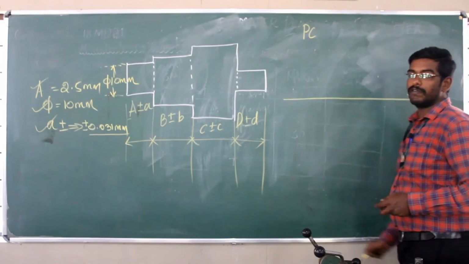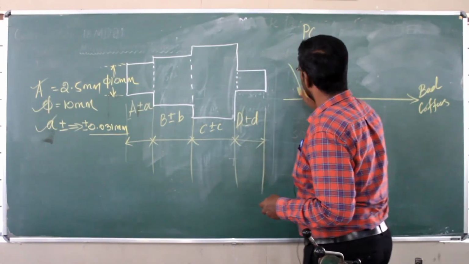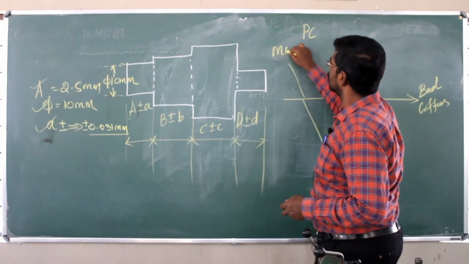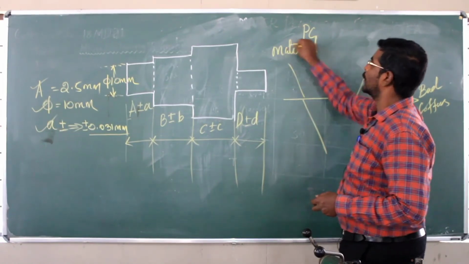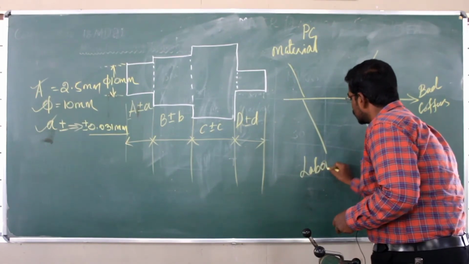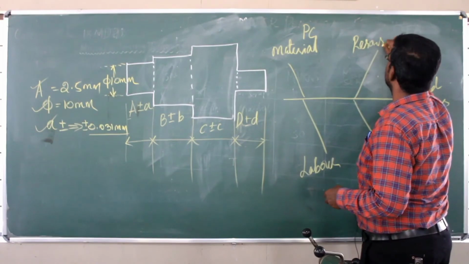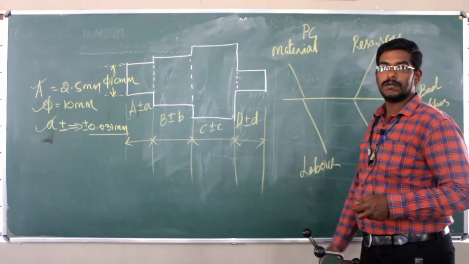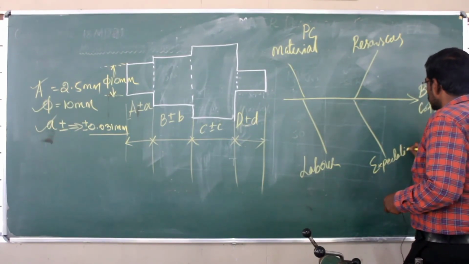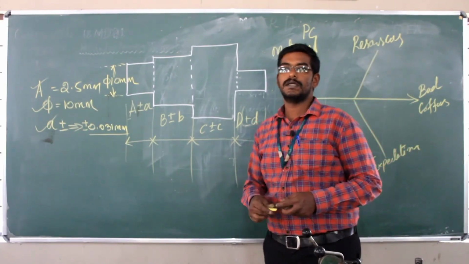How is a bad coffee manufactured? What are the necessary factors involved in manufacturing the coffee? First is material, second is labor, third is resources, fourth is expectation.